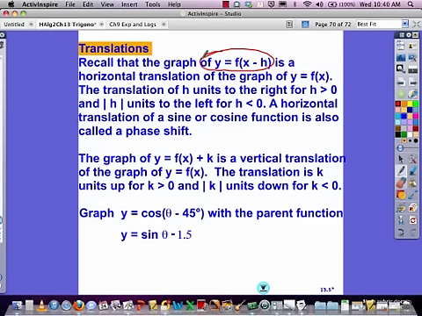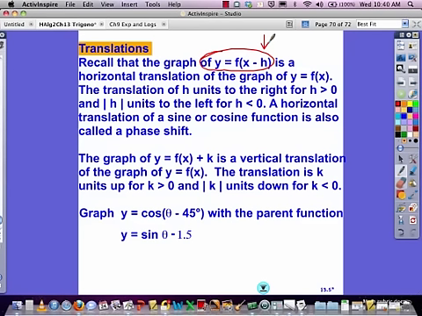If it says that, that's to the right 45 degrees. And if it would have been a plus, then it would have been a movement to the left. A horizontal translation of sine or cosine is also called a phase shift. So if it gets moved with a value here, then it's a phase shift.